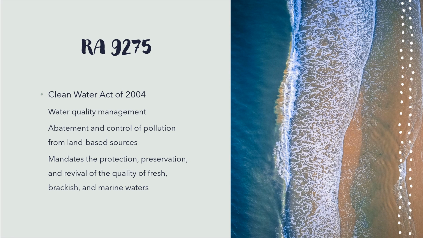So this law provides a comprehensive water quality management of all bodies of water, and it primarily applies to the abatement and control of pollution from land-based sources like industrial and commercial establishments, waste from agriculture, and community or household activities. It also mandates the protection, preservation, and revival of the quality of fresh, brackish, and marine waters.